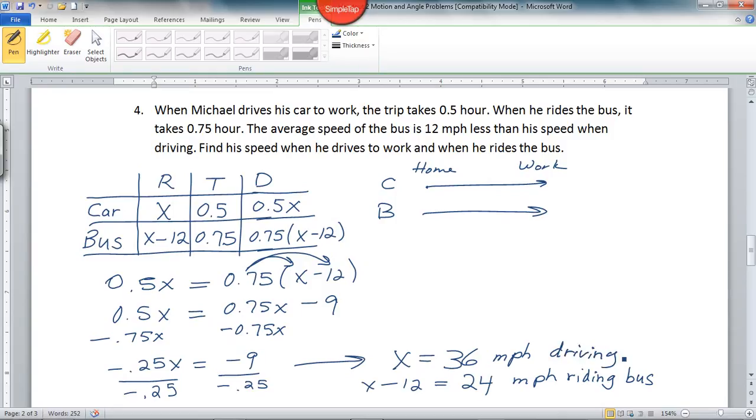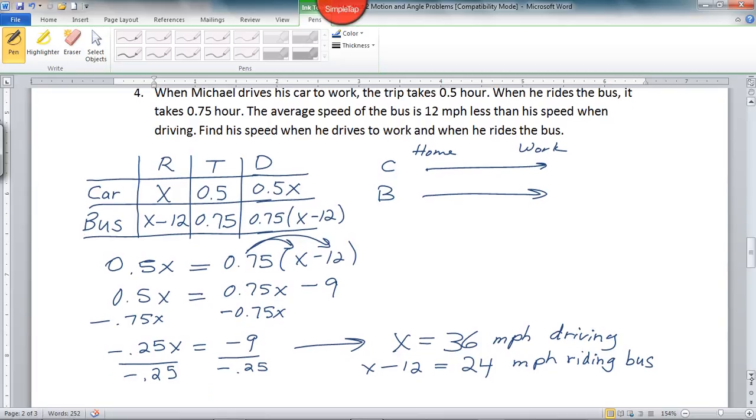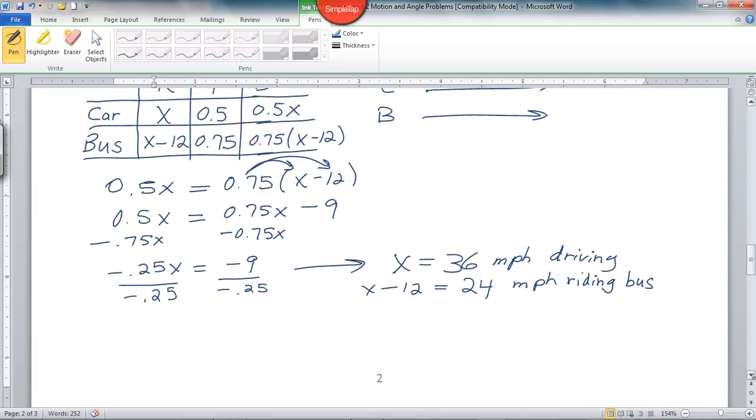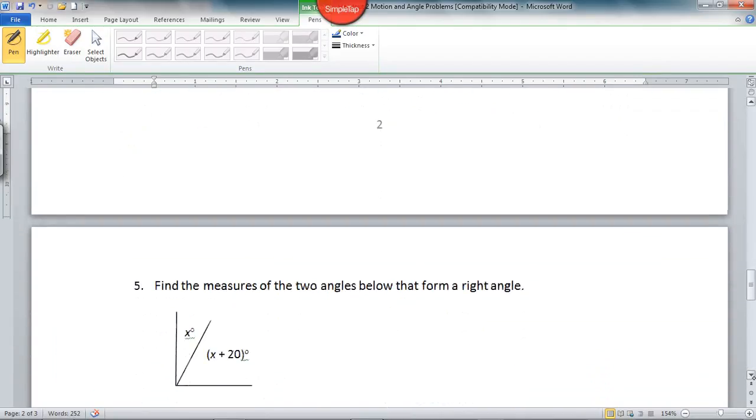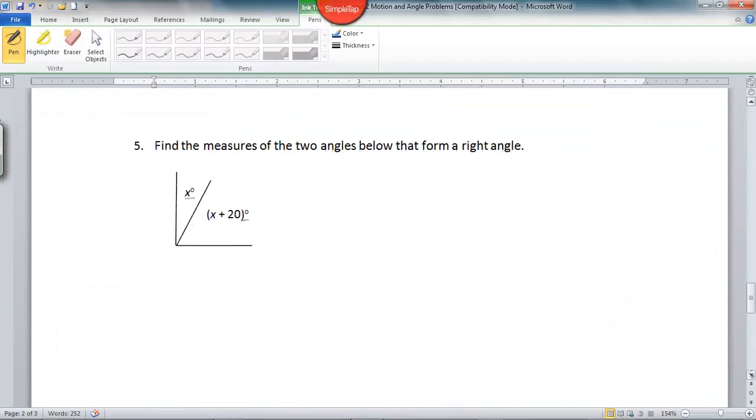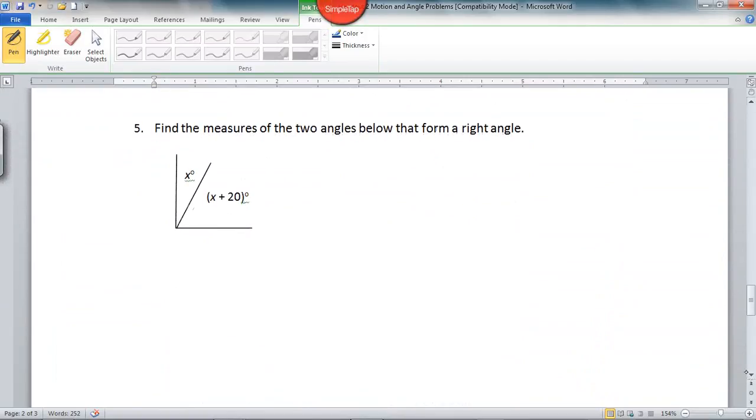Okay. All right. Now let's change gears a little bit. On this other page here, we've got a couple of angle problems. So that was the other part of this section that we wanted to talk about, finding certain angles.